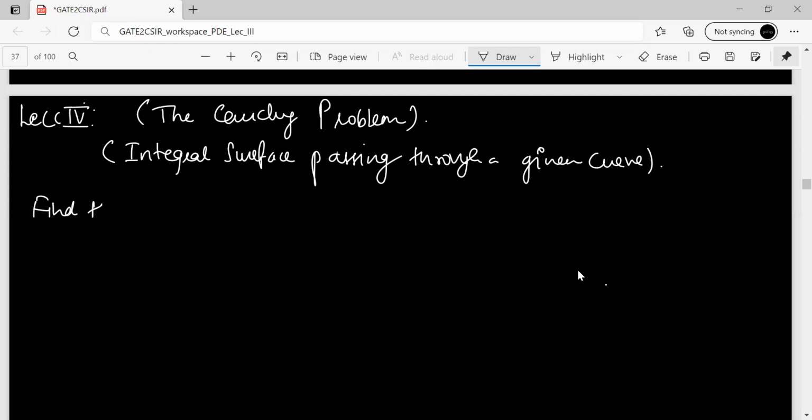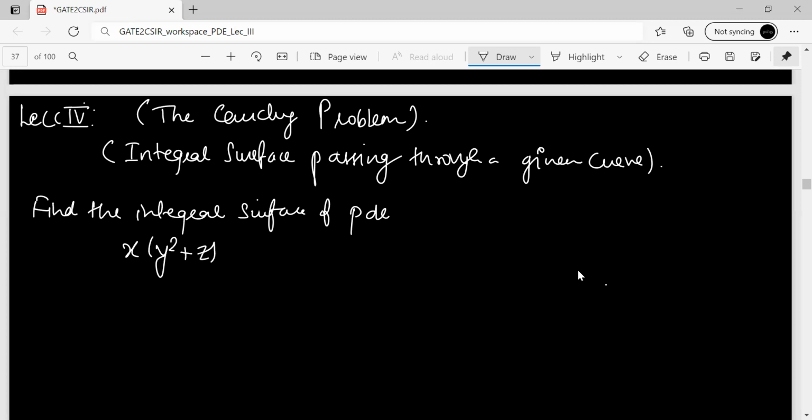The integral surface. So find the integral surface of the PDE x times y square plus z times p minus x square plus z times y cube equals x square minus y square times z.